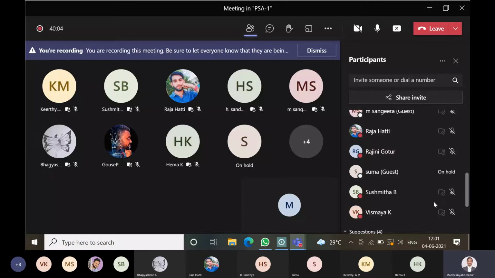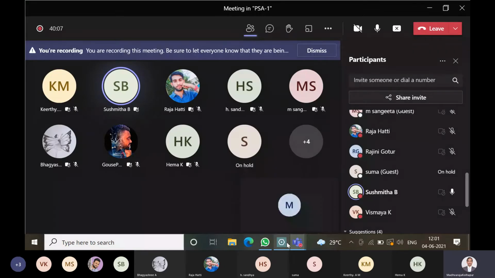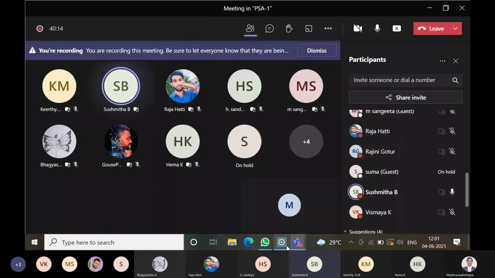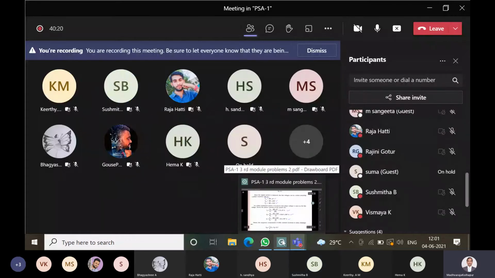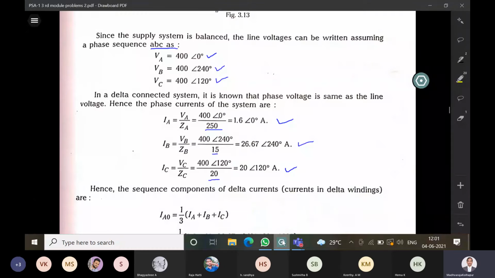Sushmita. IA is 1.6 at an angle 0. IB is 26.66 at an angle minus 120, sir. Minus 120 or plus 240, both are the same. Okay. IC?